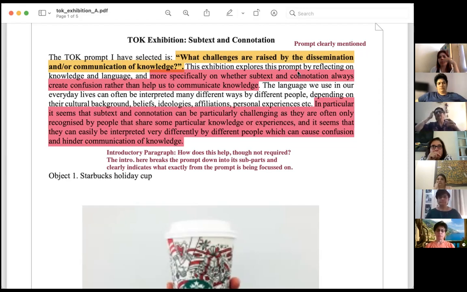In language and literature, we say the introductory paragraph has a thesis. The child has made his or her thesis here, saying what am I going to delve into by talking of subtext and connotation. If that thesis is not dealt with clearly later, it is easy for the examiner to see.